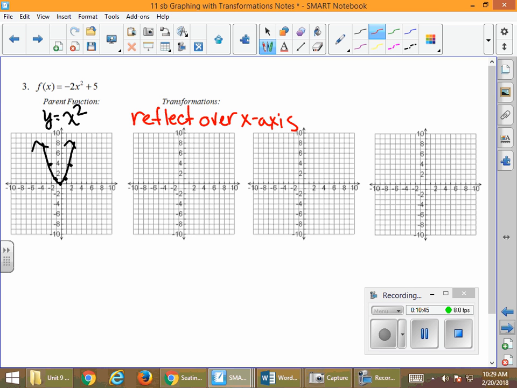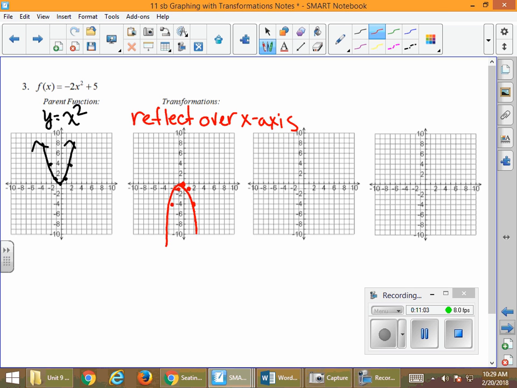So we're just going to turn that graph all upside down. 0, 0 is going to remain the same, and the vertex is going to remain the same. Then we're going to have 1, -1, and we're going to have 2, -4. We're going to have -1, -1, and -2, -4.